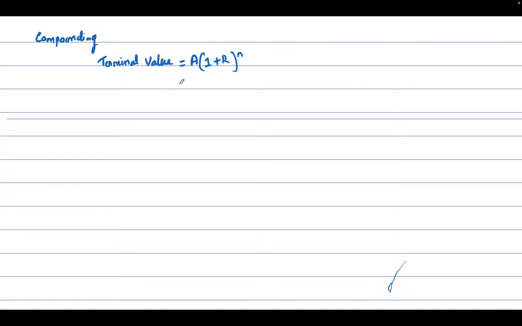A is the amount invested. R is the rate of interest. N is the period for which it is invested.